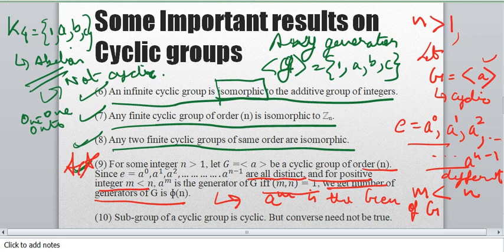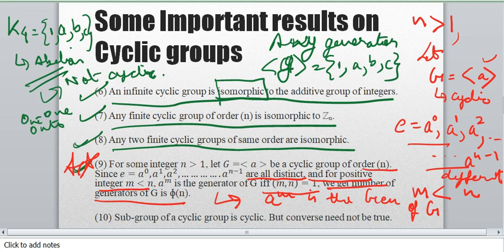So what does it say? It says that for some integer n, we are already taking an integer n greater than 1, let the group be generated by some generator a. So it is a cyclic group of order n, then e will be equal to a to the power 0, a to the power 1, a to the power 2, right on till a to the power n minus 1. They are all distinct values.